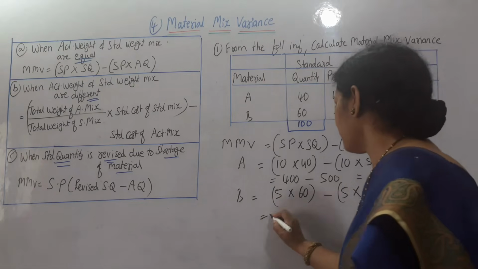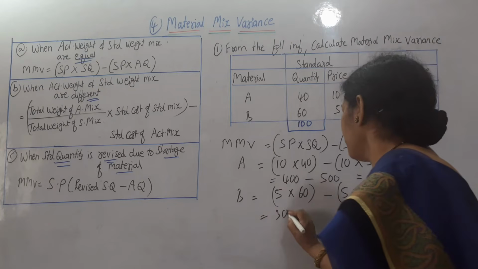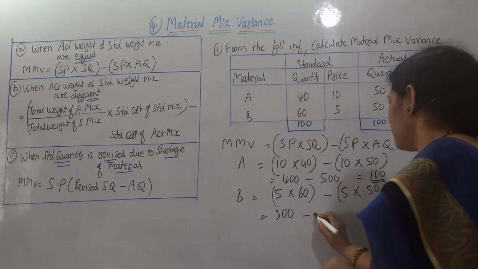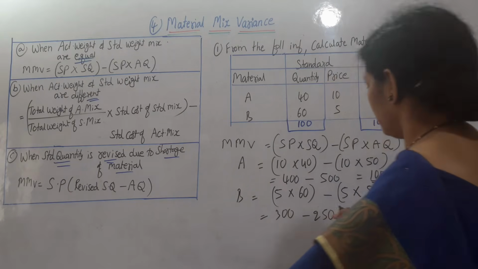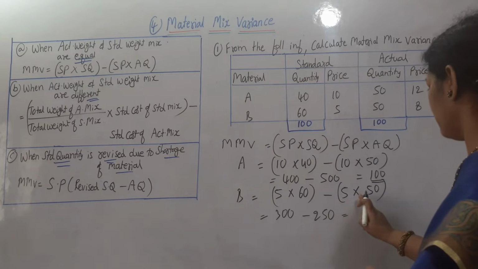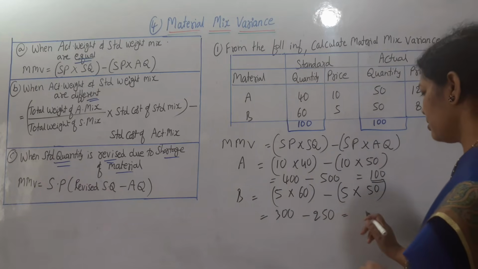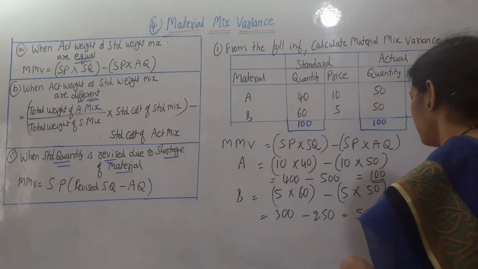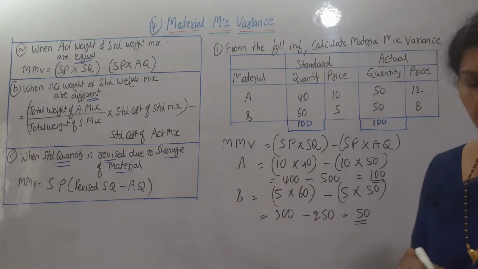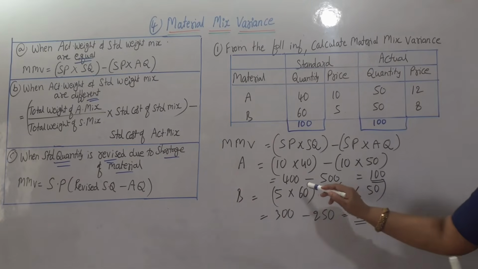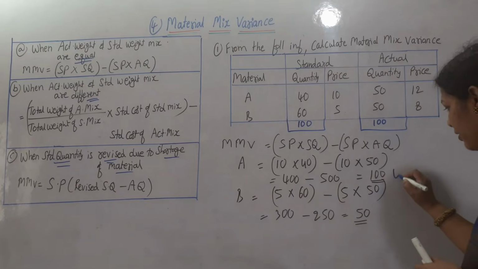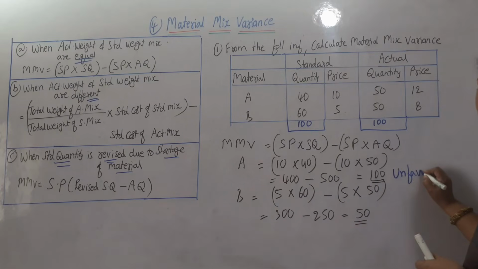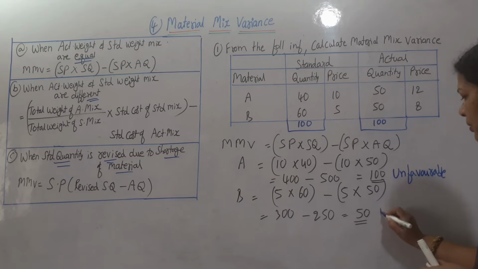In the same way for this one also: 300 minus 250, so this is 50. Remember this, 400 minus 500 means minus 100. So this is unfavorable. And this is favorable.